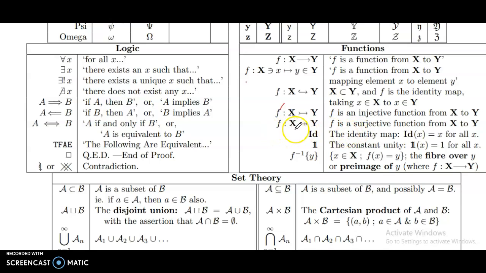Then next, f colon X, with a double arrow head forward.